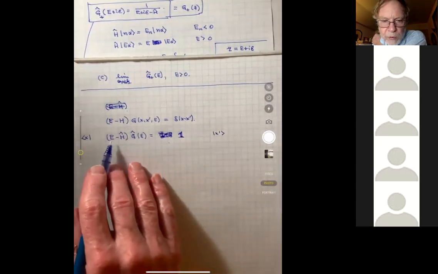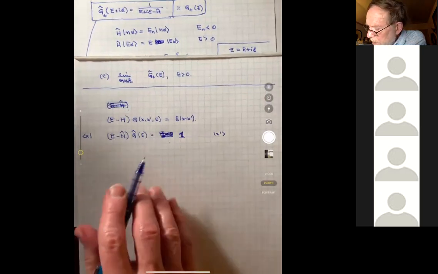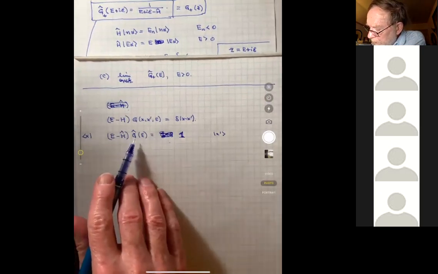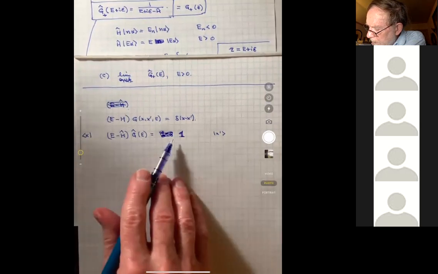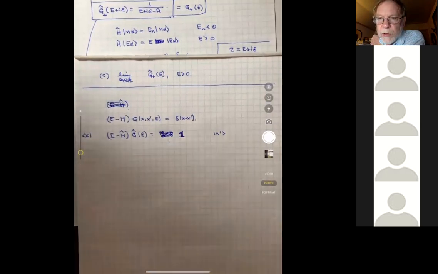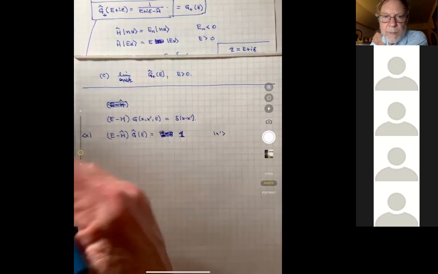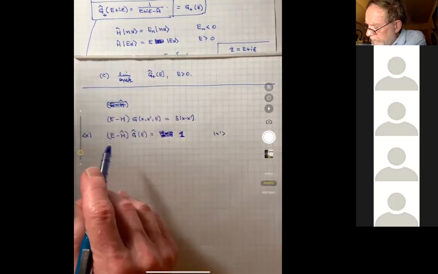But in operator language it's just this. This, by the way, would lead you to believe that the Green's operator is the inverse of E minus H hat. And that's almost true, but the actual details are much trickier than that, which is why I'm going through these epsilon equals 0 things.